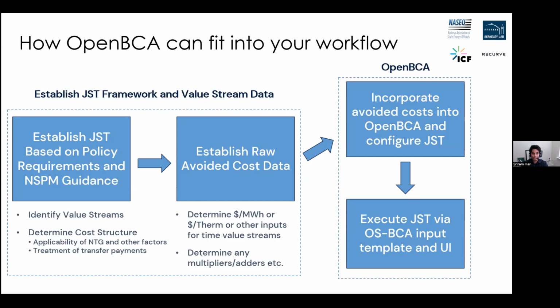The OpenBCA tool incorporates both the JST setup and configuration, as well as additional parameters like what line losses are you using, what is the discount rate, what temporal category do the avoided costs fall into, and calculates your outputs for your cost effectiveness test using those input templates provided and gives you a UI and downloadable tables to visualize the results from that analysis.